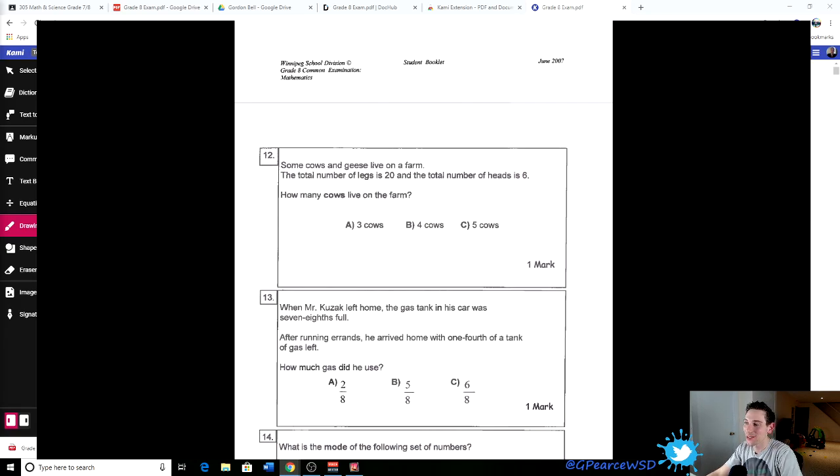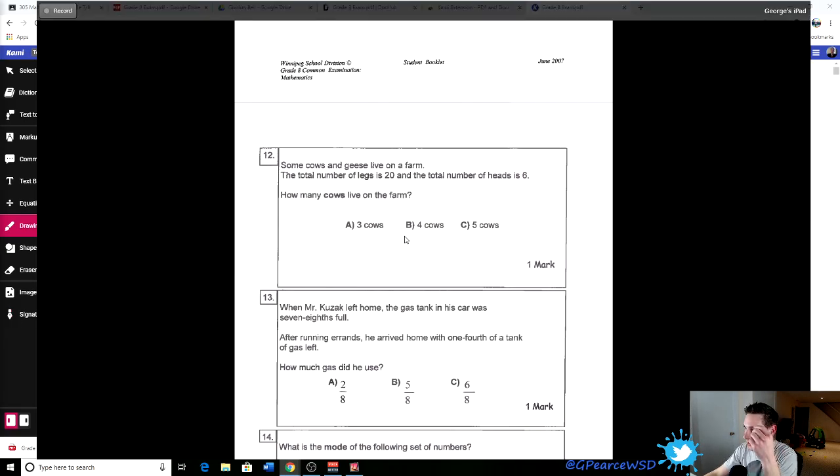So 4 cows would be 16. And then another 4 would be 2 geese. 2 geese, another 4 legs. Yeah, what's the total answer? 6? Yeah, I think it's 4 cows, right? 5 cows would be 20, 3 cows would be 12. And 3 geese would be another 6. That'd make 18. That's not right. Anyway, we'll keep moving on here.